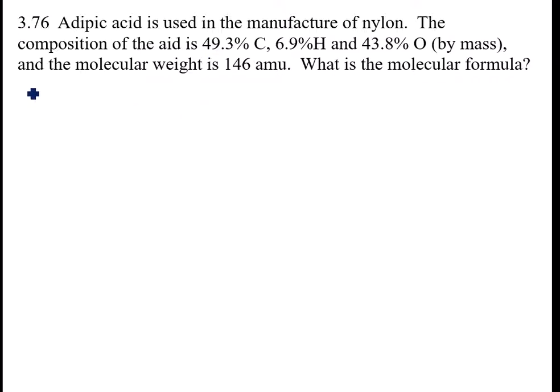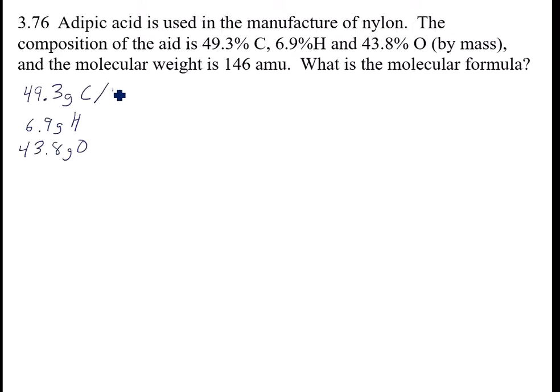So I have 49.3 grams of carbon, 6.9 grams of hydrogen, and 43.8 grams of oxygen. Okay, I divide each one of these by its atomic weight.